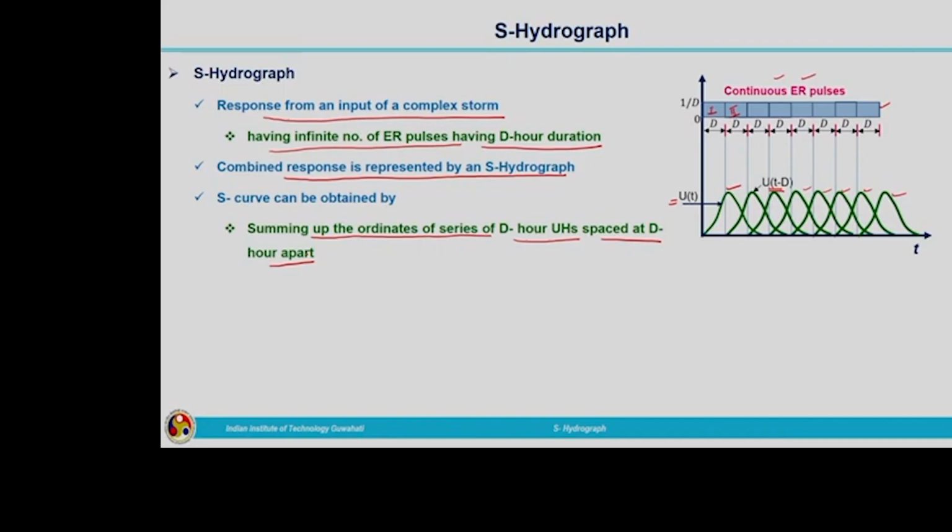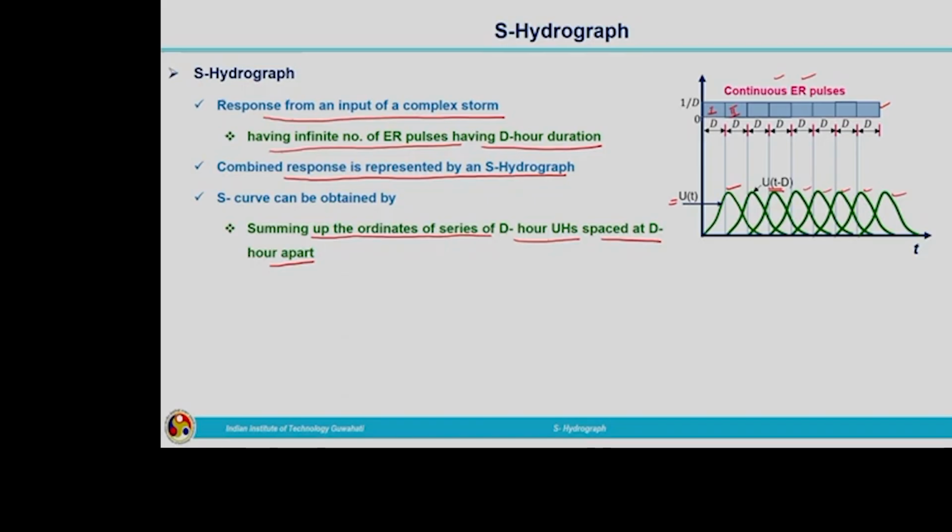The unit hydrographs are produced due to effective rainfall pulses of duration dr, which act one after the other. Here, the complex storm is divided into continuous effective rainfall pulses of dr duration one after the other.